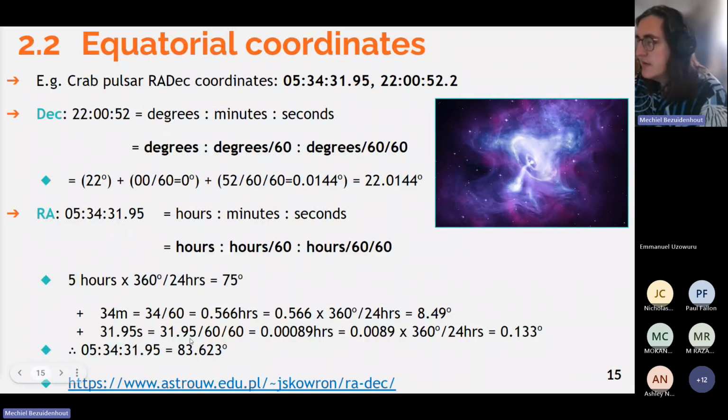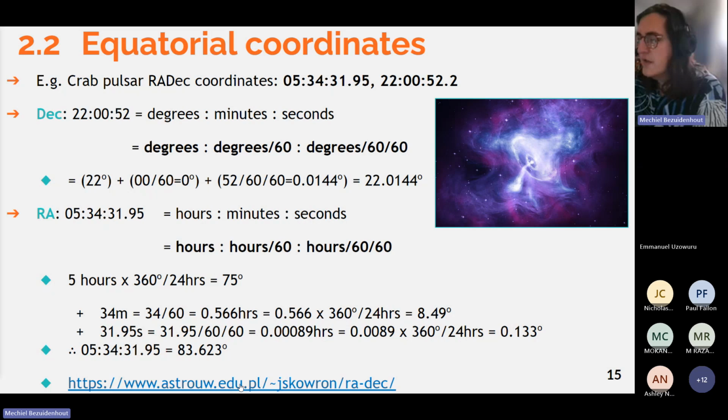And then the seconds, same thing, divided by 60 divided by 60 gives us a value in hours. Convert that to degrees, it's 0.133 degrees. So this value in hours, minutes, and seconds is 83.623 degrees.